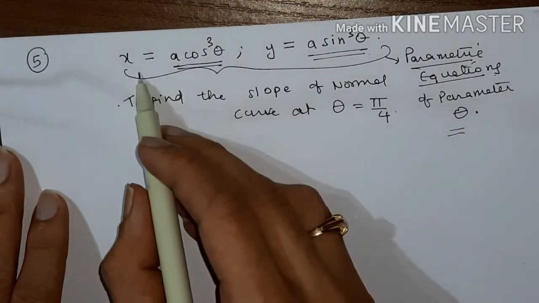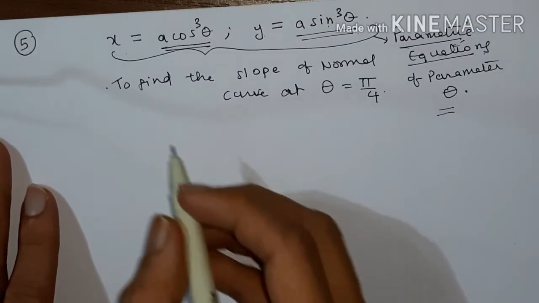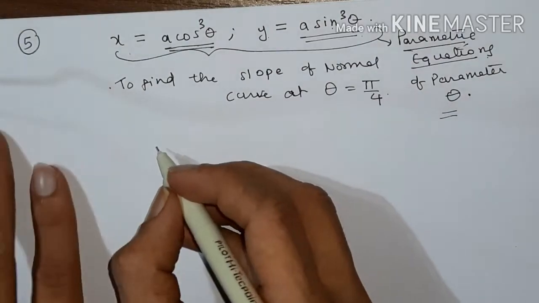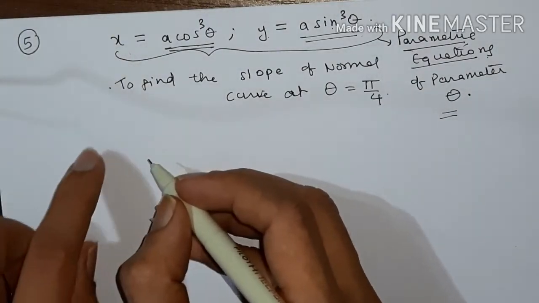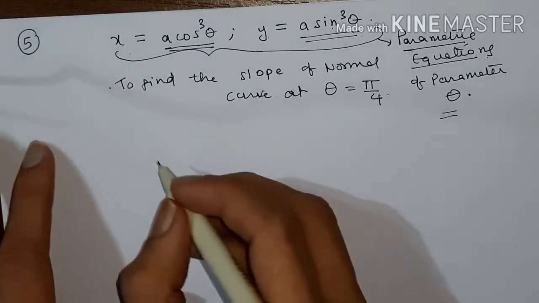That is, both x and y are functions of theta. Now, how to find the slope of the normal curve, that is the question.